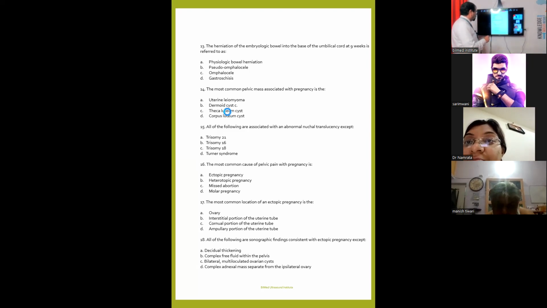Now, 15th question. All of the following are associated with an abnormal nuchal translucency, except. Read the question properly.